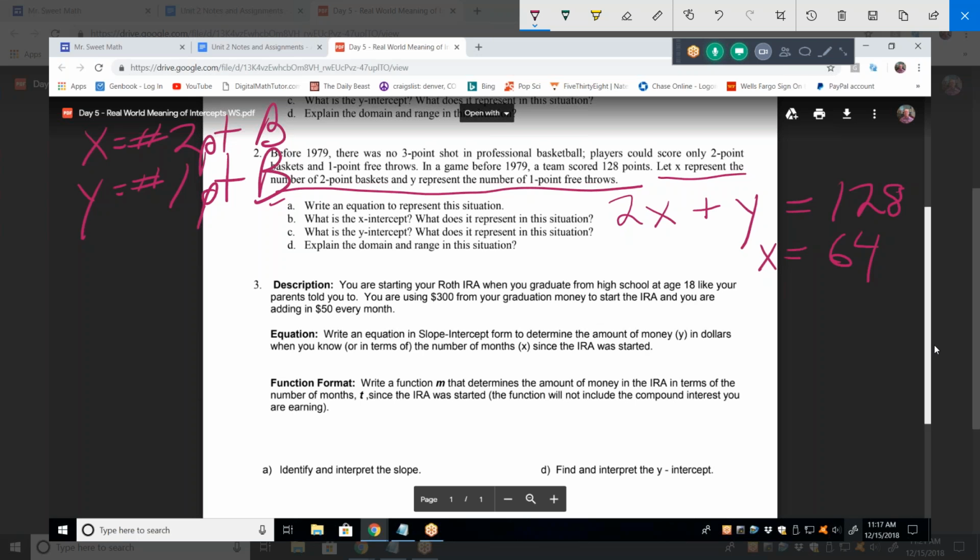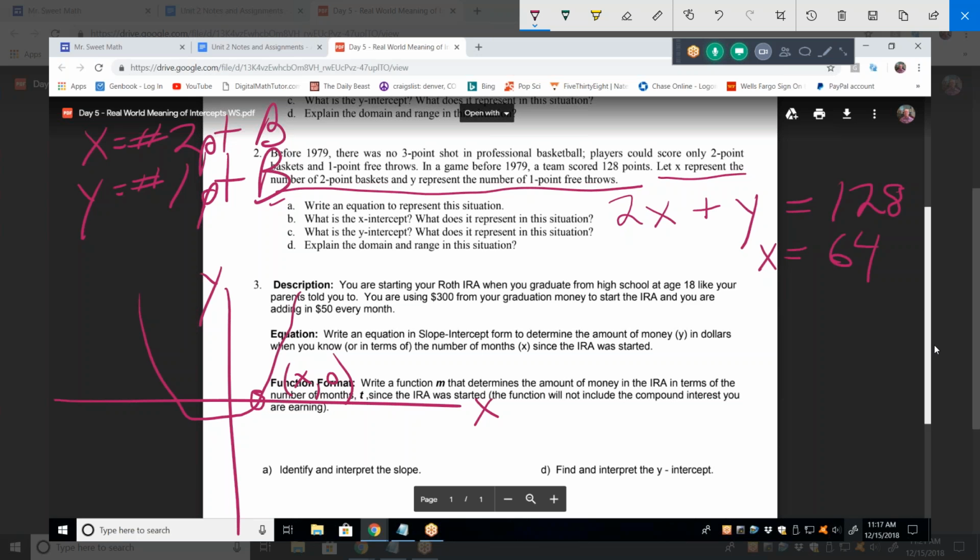What's y? Y is the number of 1-point shots. What did you let y equal to in this problem? 0. When you are talking about the x-intercepts, y is 0, right? In other words, always think in terms of graphs. It doesn't matter if it's a curved line or not. If I'm trying to figure out what that point is on the x-axis, I set y equal to 0 because I don't know what the x-coordinate is, but I know for sure the y-coordinate is 0, right?